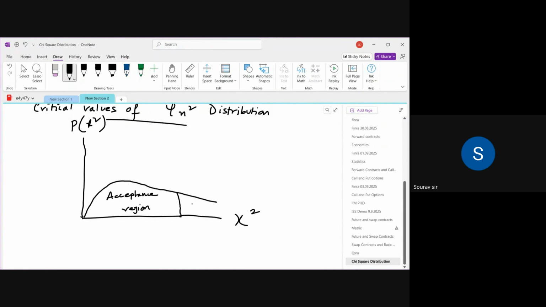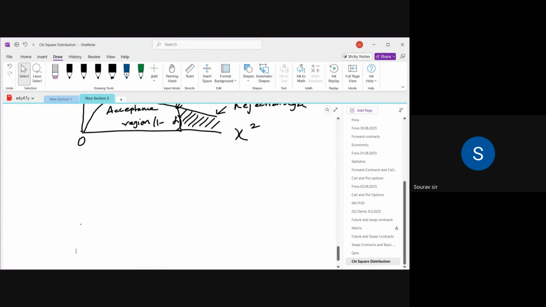This is 1 minus alpha, and this is the critical value. This is the rejection region, and this is 0.